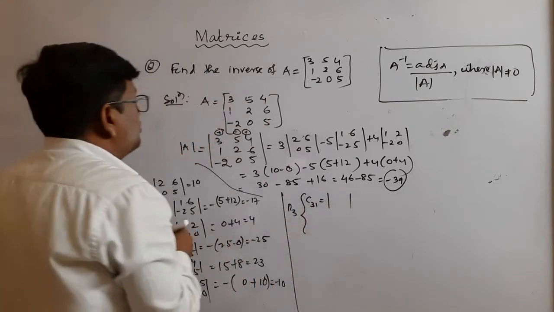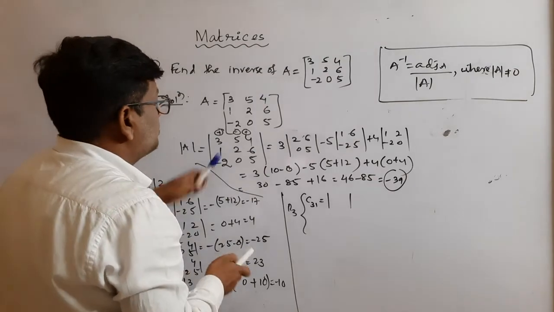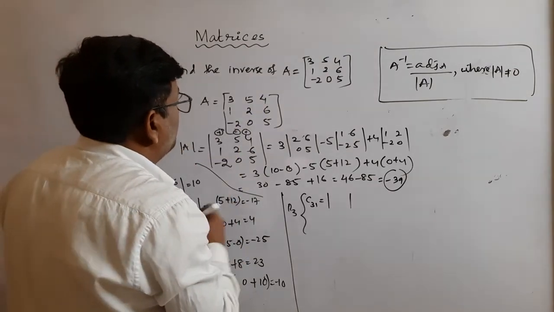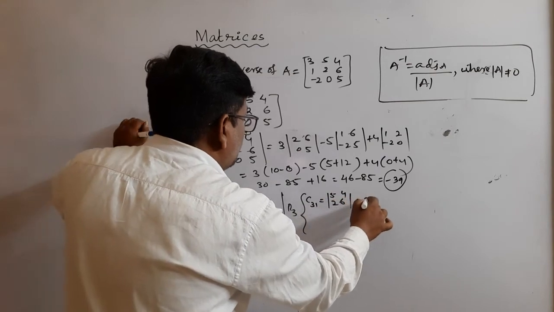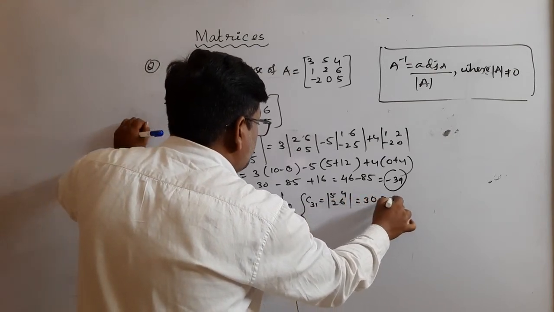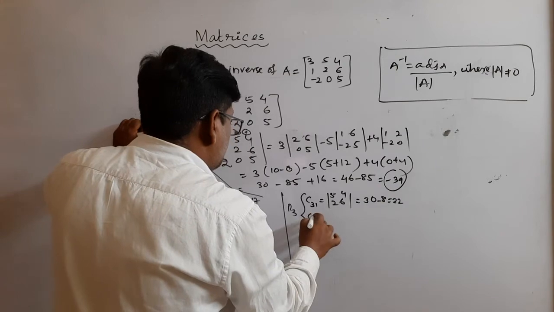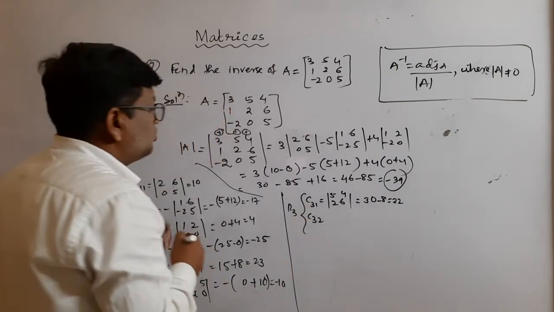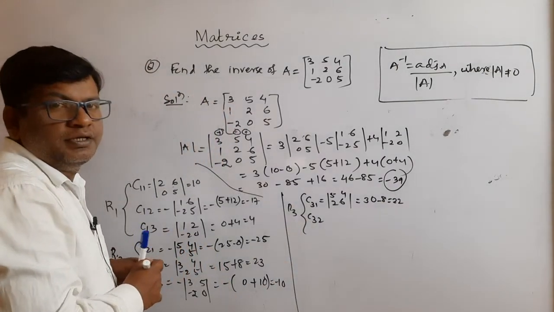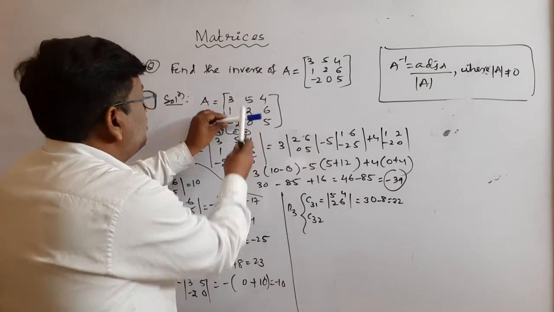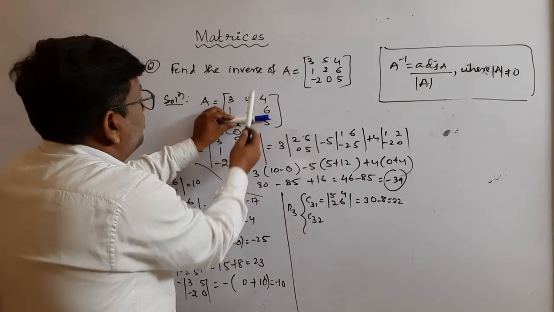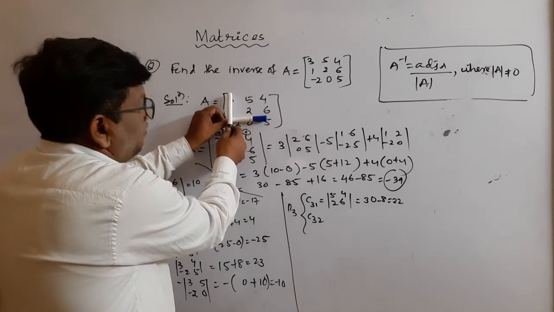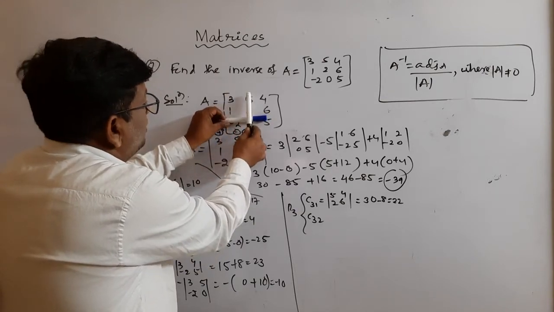Third row, first column: 5 4 2 6. 5426 gives 30 minus 8, which is 28. Now C32: 3 4 3, C31 is 5426, so C32.